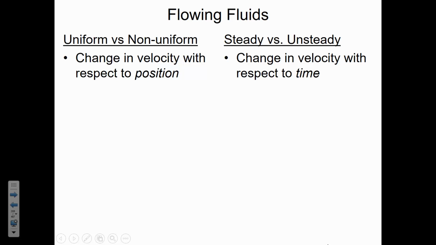But when we talk about flowing fluids, remember that one of the ways we can classify the flow is uniform versus non-uniform. And then we also talked about steady versus unsteady. Uniform versus non-uniform considers the change in velocity with respect to position. Steady versus unsteady is the change in velocity with respect to time.